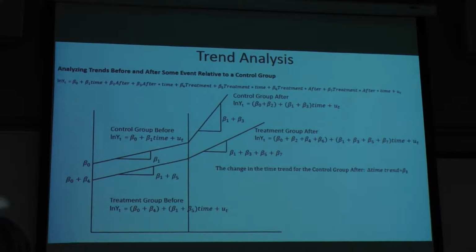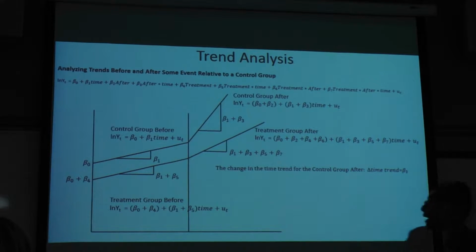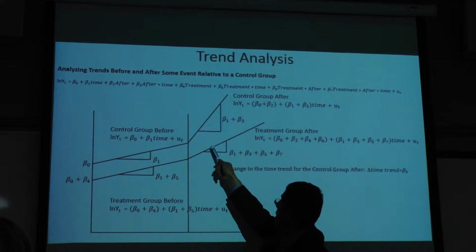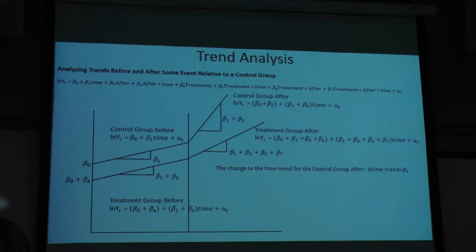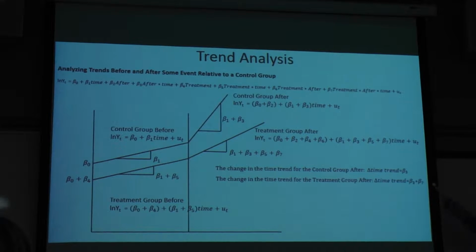We just did this one, we know that the change in the growth rate after the treatment for the treatment group is beta 3 plus beta 7. That's what we just finished doing. Beta 3 plus beta 7.